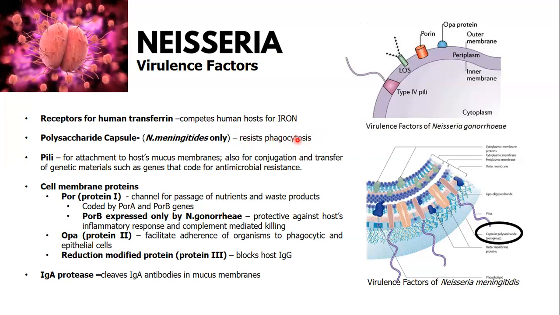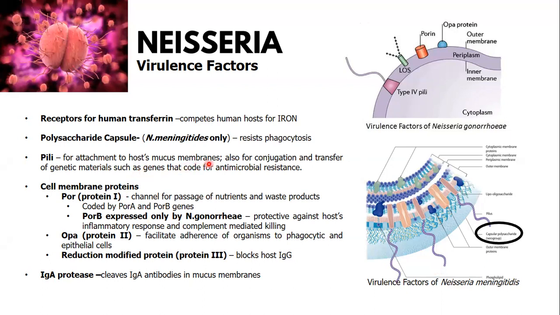effects of phagocytes. Both organisms, Neisseria gonorrhoeae and Neisseria meningitidis, have pilus or pili, and primarily the pili of these organisms are used by them to attach to host mucous membranes.